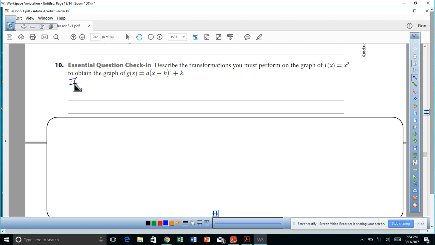If a is less than 0, reflect the parent graph across the x-axis.